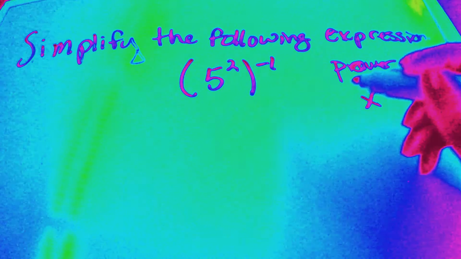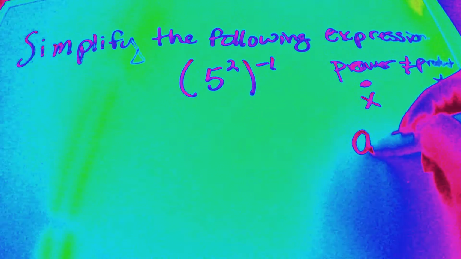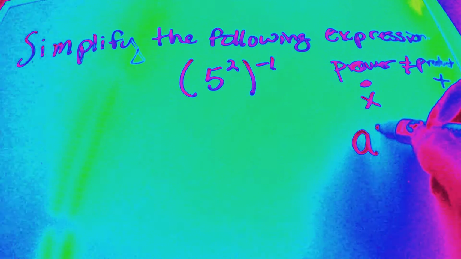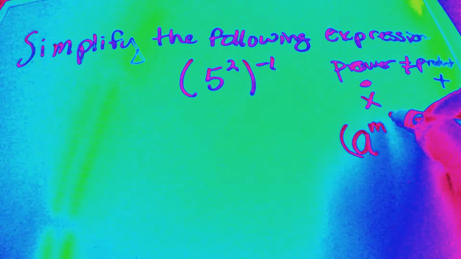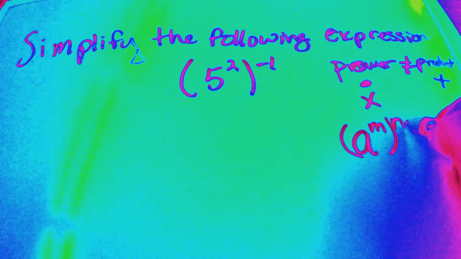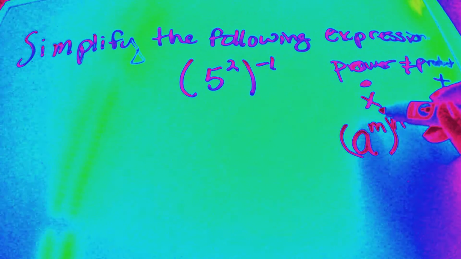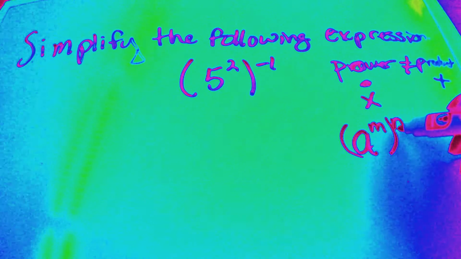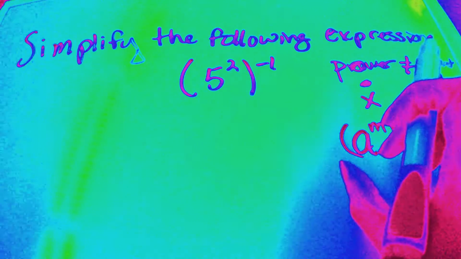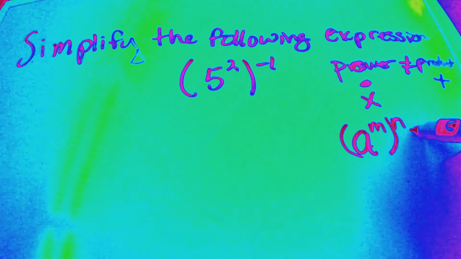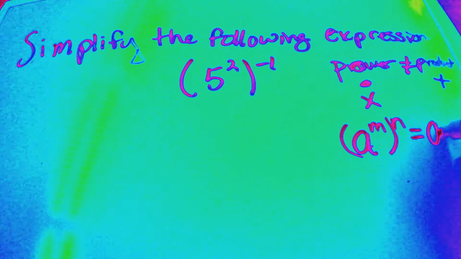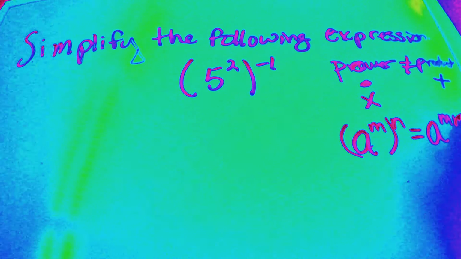Okay? So the rule says for power, when you have a base to a power, with these parentheses, and then this section to another power, we want to multiply the exponents.